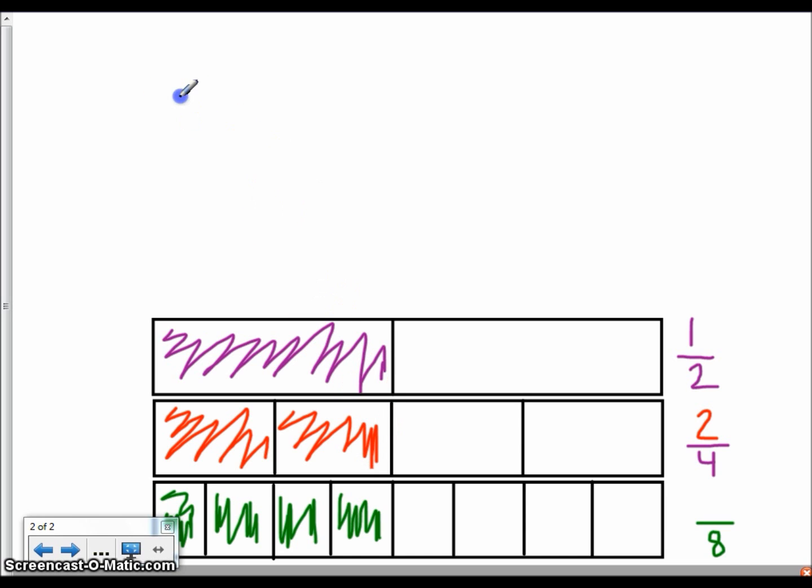So it would be fair to say, or a true statement, if I said that 1/2 is equivalent to the fraction 2/4, and it's also equivalent to the fraction 4/8. All of these fractions are equivalent.